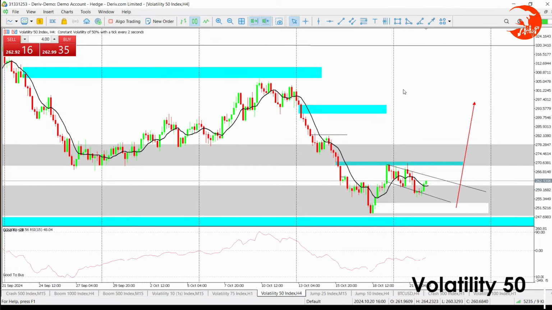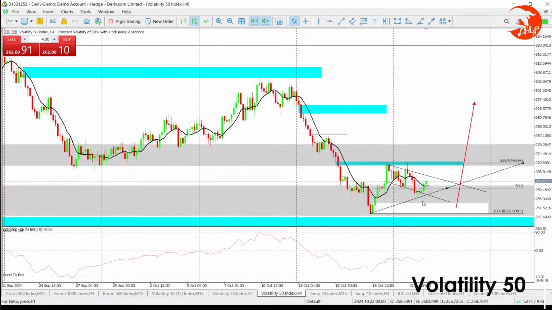Remember, we are looking for buys when we get into discount. And in fact, we've reached discount. These candles here reached the discount. So don't get surprised when you see price break out from that level and continue into the buys.